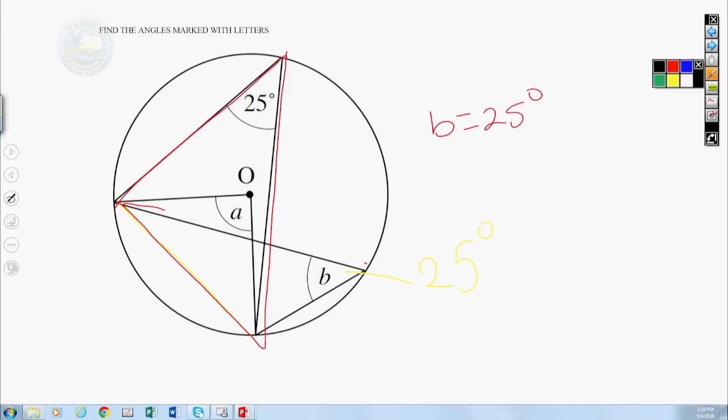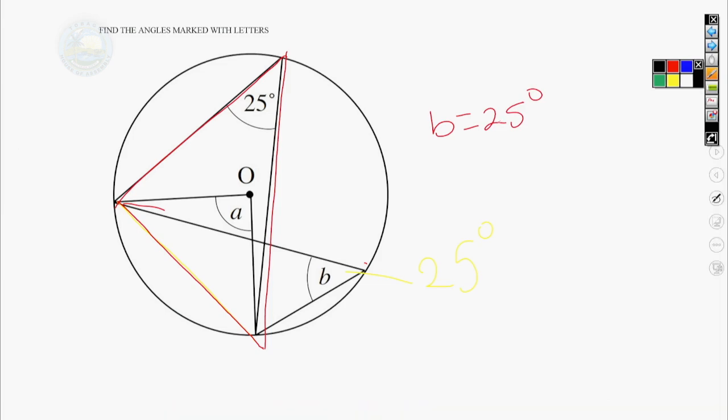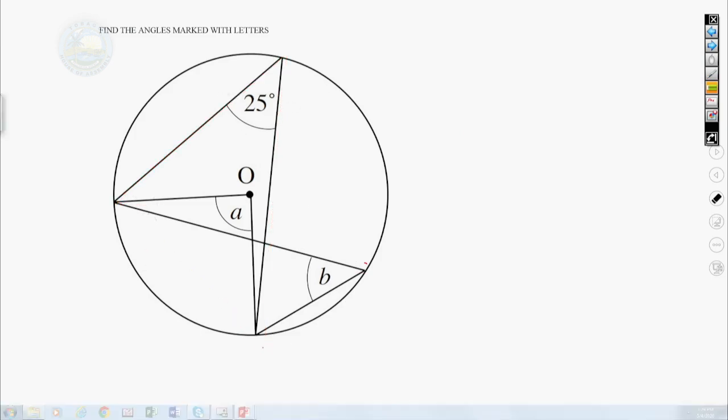Now, what about A? A is also being subtended by the same chord. But where is A? A is at the center. And what is the rule between angles subtended at the center and angles subtended at the circumference?